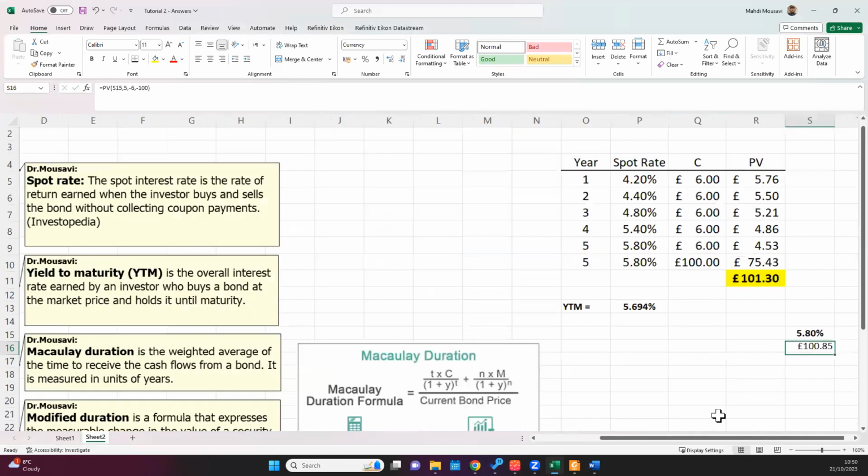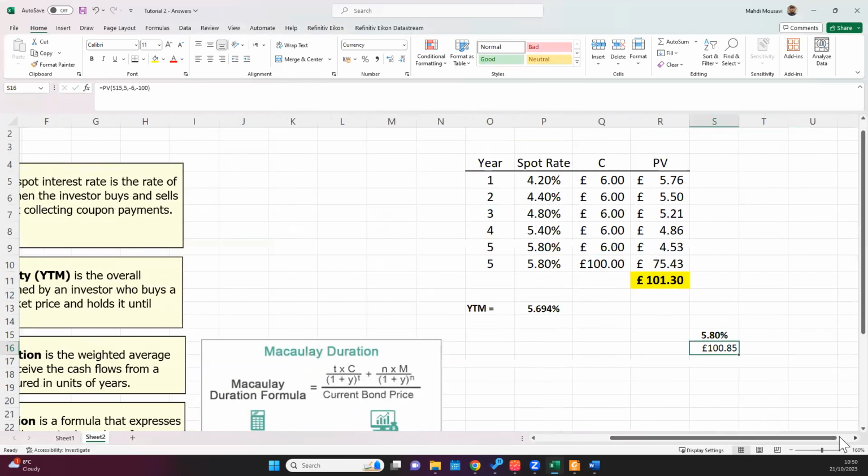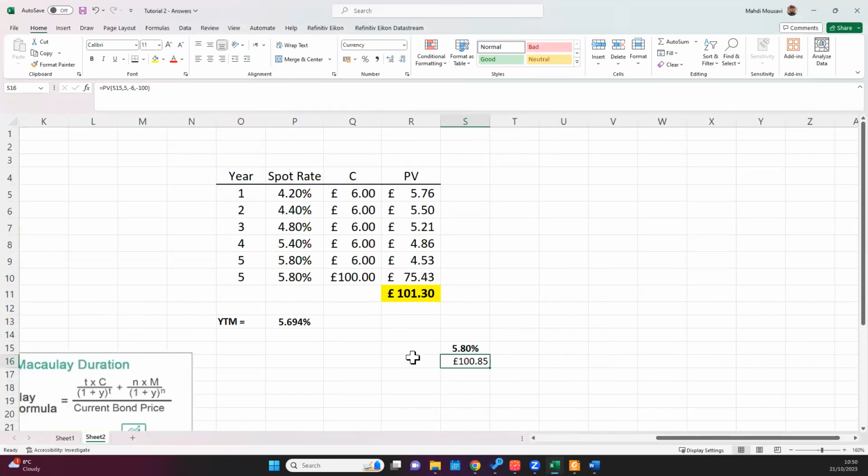So the bond price would be, so if the yield to maturity is 5.80, the price of bond would be 185. So as you see, 185 is lower than 101 actual rate. So there is a gap between these two. There's a distance. So what we need to do is to reduce yield to maturity.